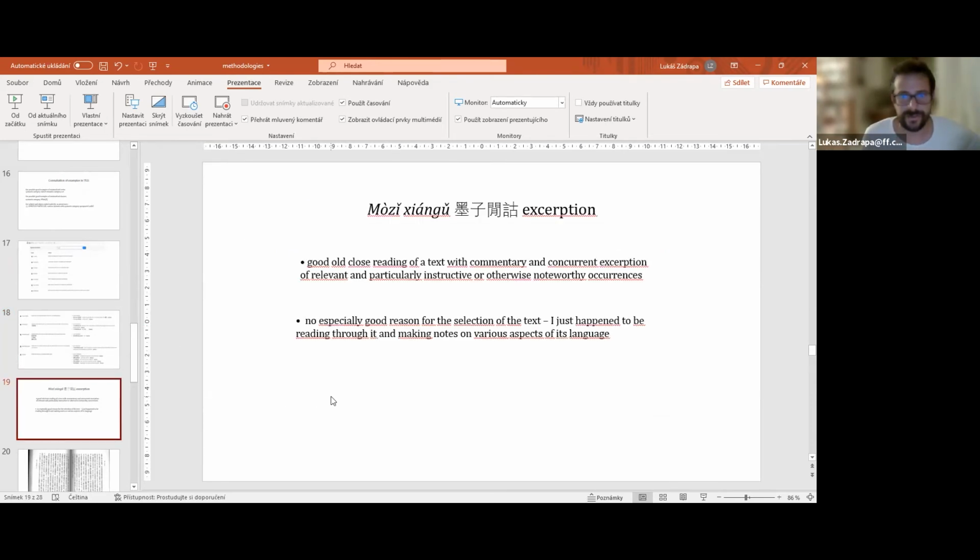So we have this Morphosyntactic excerption, this, as I say, good or close reading of a text with commentary and concurrent excerption of relevant and particularly instructive or otherwise noteworthy occurrences. That is what I did, and again, there is no especially good reason for choosing Morphosyntactic, and it does not matter in this case. So, of course, that is a part of methodology. Like I said, it's no methodology at all.